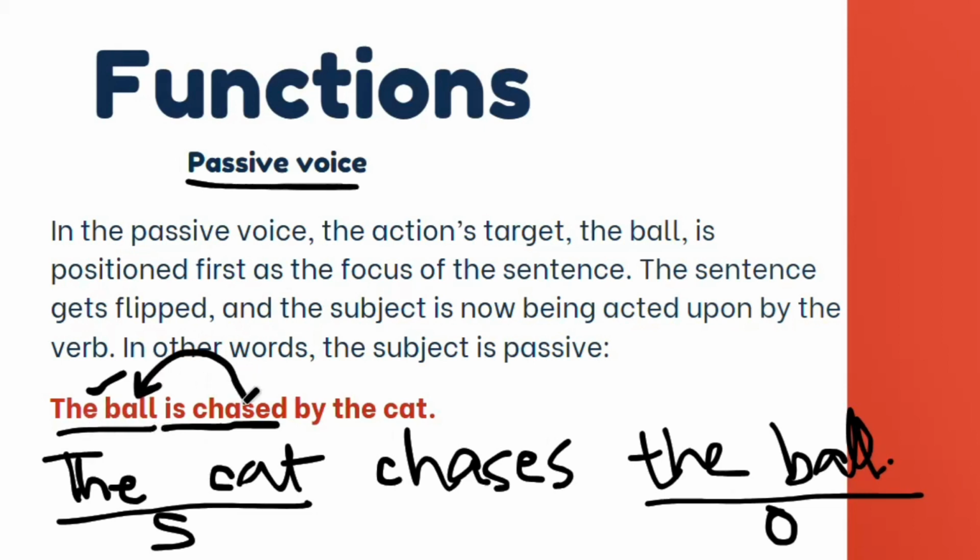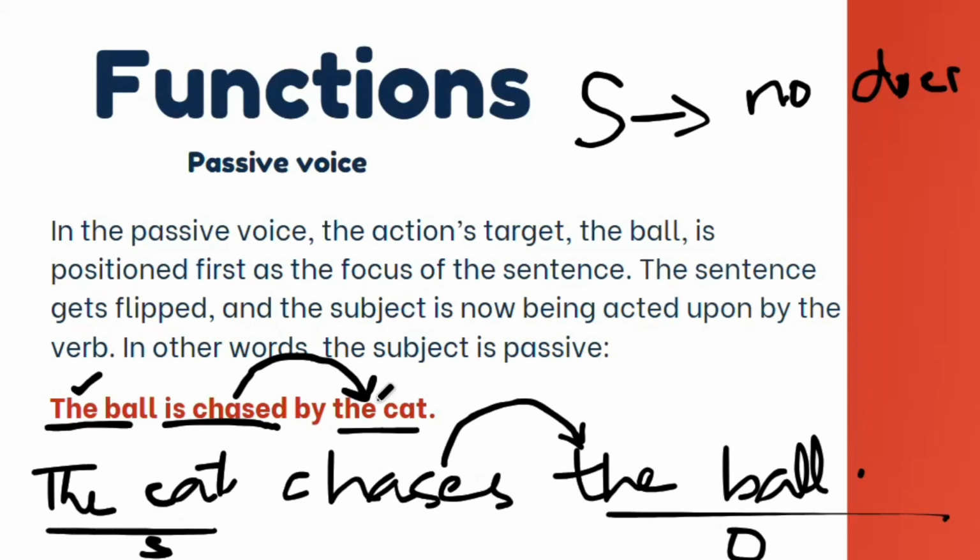The ball is doing nothing, but it is now being acted upon by the verb, right? In this sentence, the verb chases is transferring its action to the object, the ball. In this passive voice sentence, the action is transferred to the subject, that is the ball.